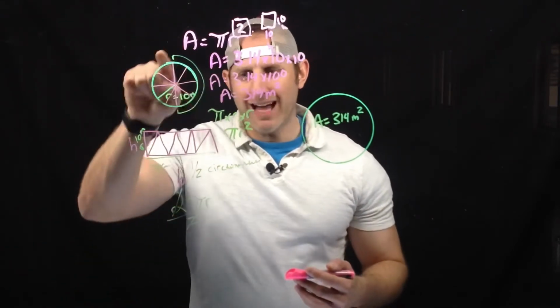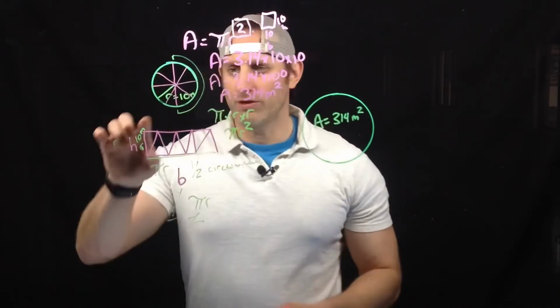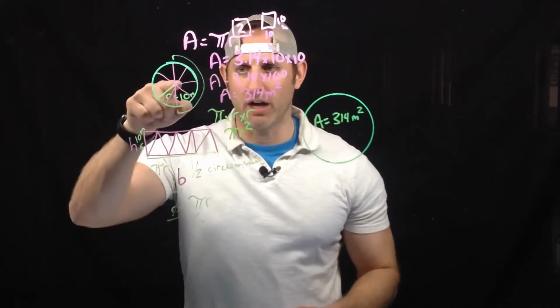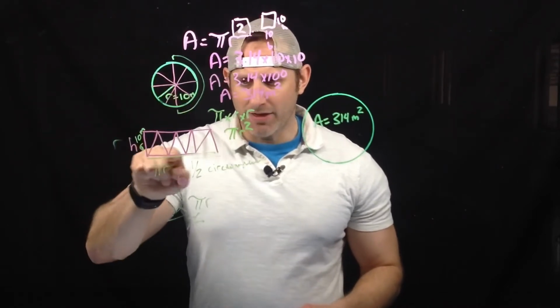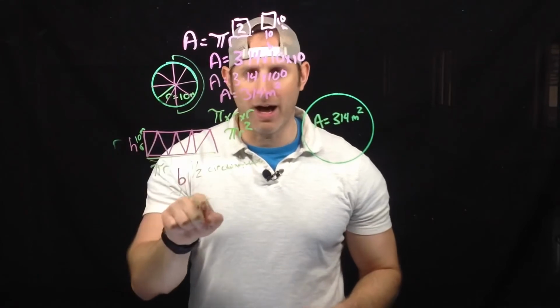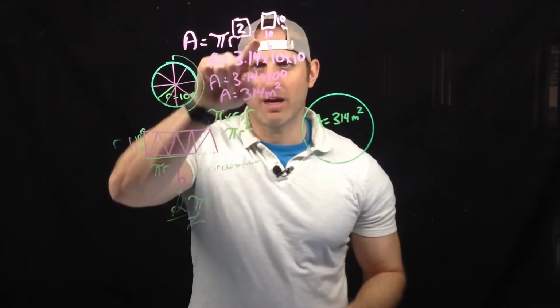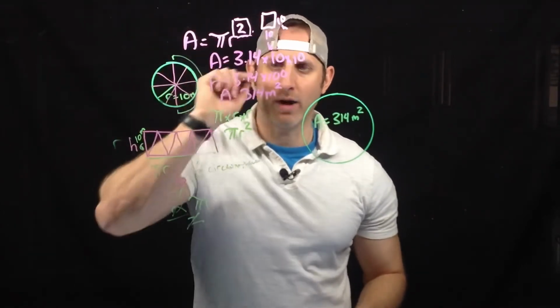But because we're not dealing with a rectangle, we're dealing with a circle, we're going to use the measurements from the circle. So the height would be the equivalent of the radius. And the base is equal to half the circumference. Half the circumference would be 2 pi r divided by 2, leaving us with just pi r. And that's how we ended up with the formula pi r squared.